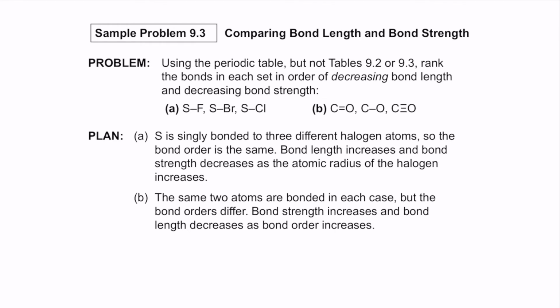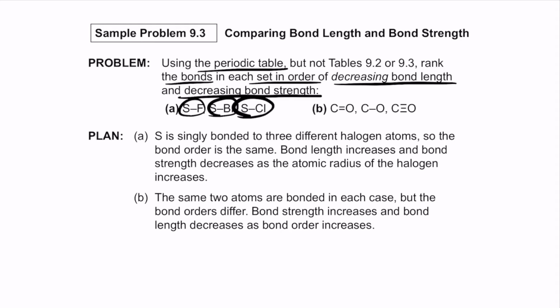Now, they're asking us to use the periodic table and rank the bonds in the set by decreasing bond length and decreasing bond strength. So you have sulfur fluorine, sulfur bromine and sulfur chlorine. Notice that you're going down the group.